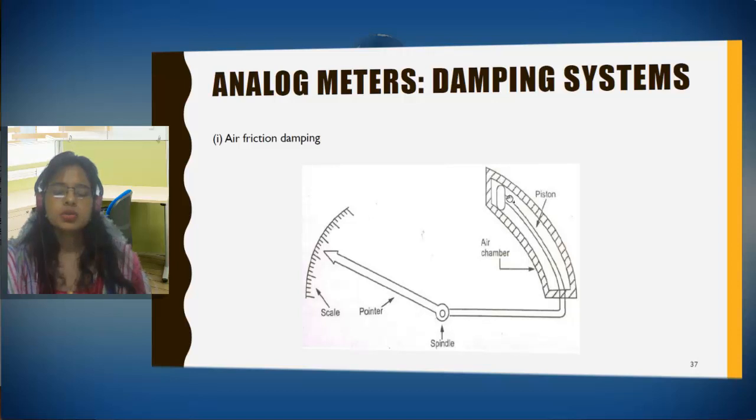It will try to push it to such a position where the equilibrium is attained again. Once the equilibrium is attained in the chamber, the pointer gets fixed or settled at such a position. Again, the movement of the piston will depend upon the input quantity. How much is the current, how much is the voltage, upon that it will depend. Okay, so this is air friction damping.